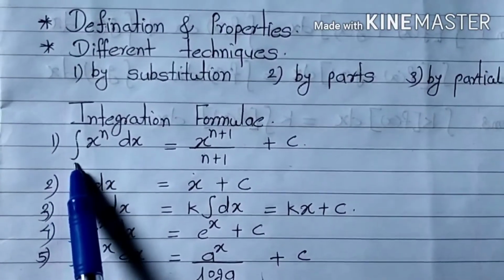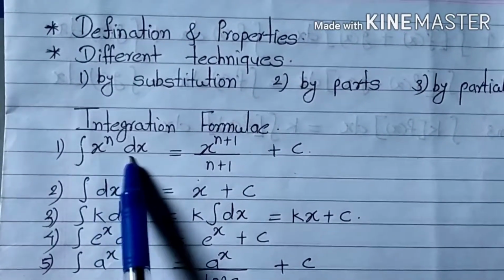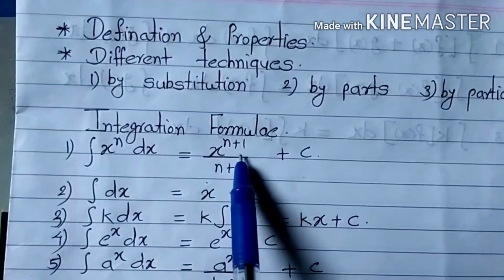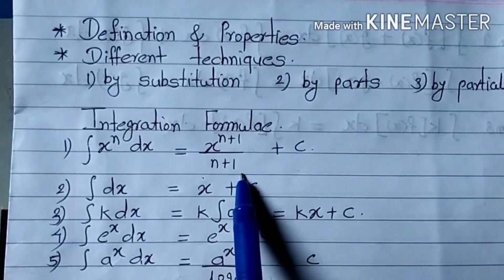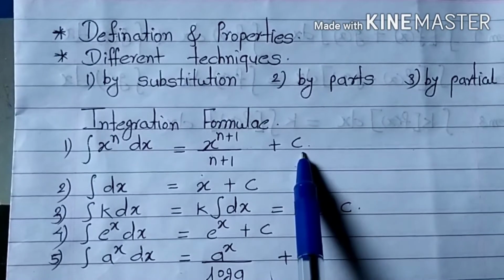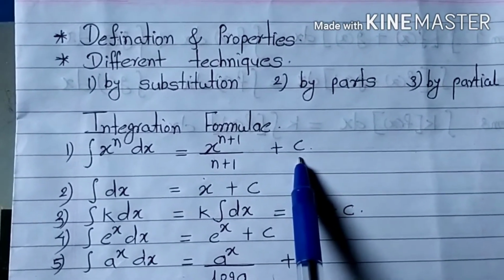First formula is integration of x raised to n dx is equal to x raised to n plus 1 upon n plus 1 plus c, where c is the constant of integration.